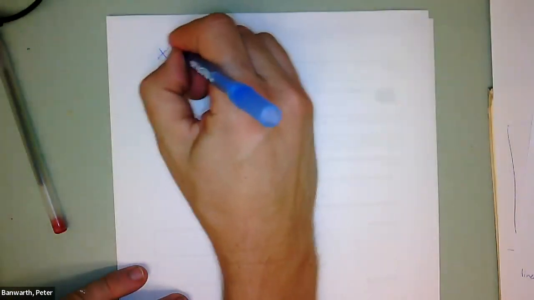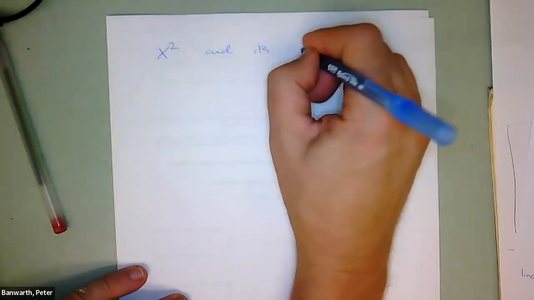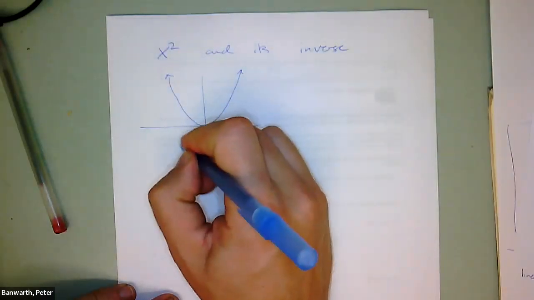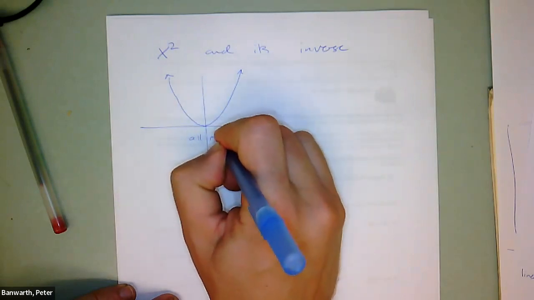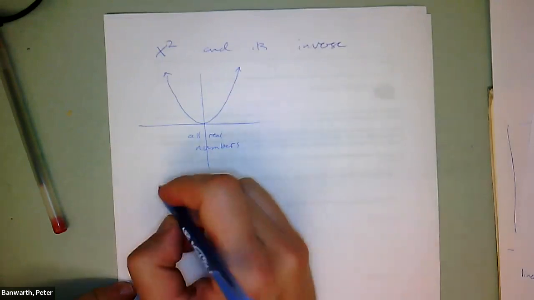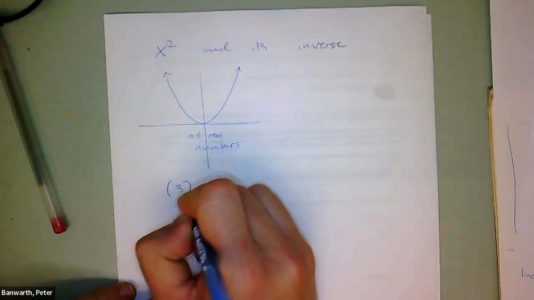Okay, so let's look a little bit more deeply at x squared. x squared and its inverse. So first of all, x squared, which looks like this, can take all real numbers. All right, I can do 3 squared, which is 9.